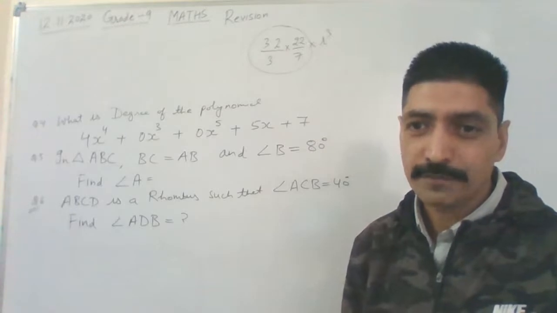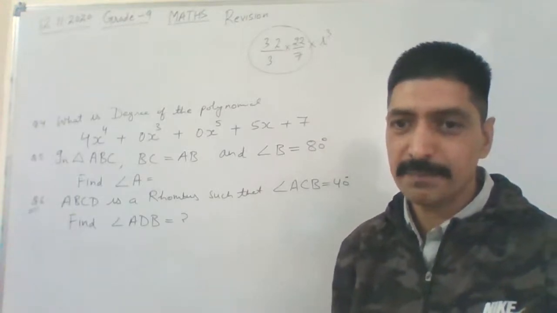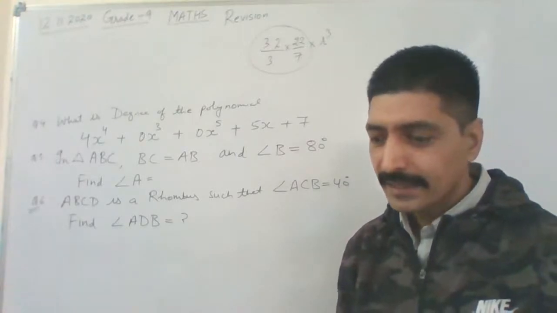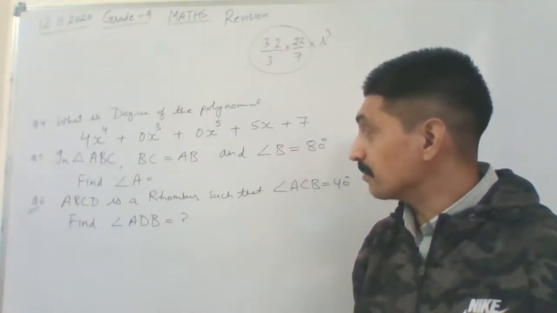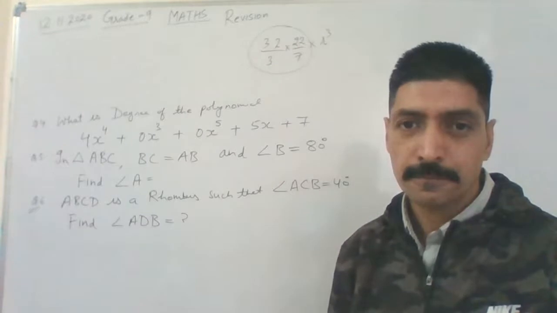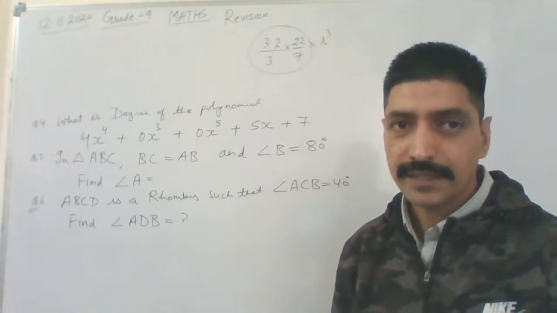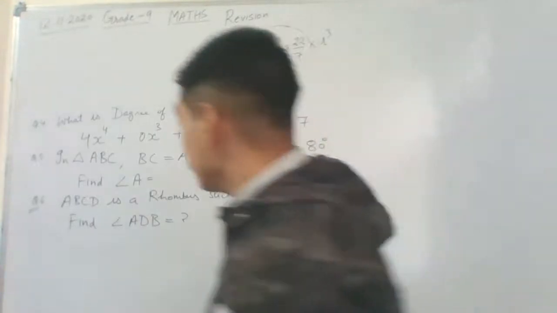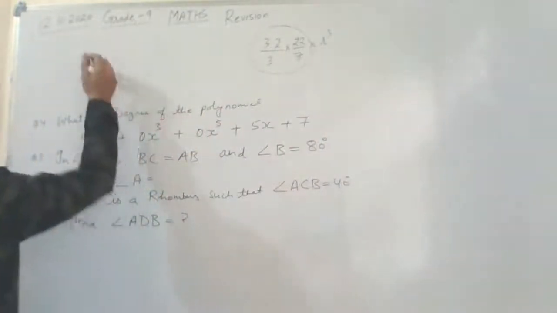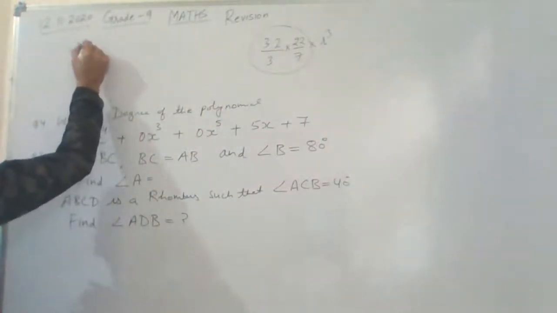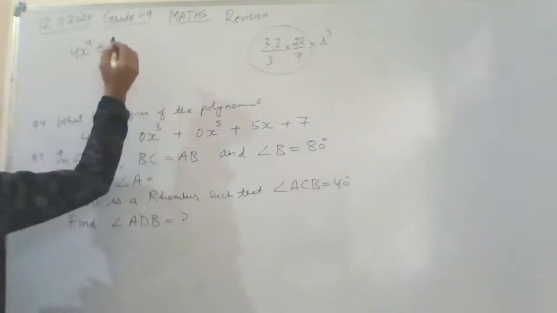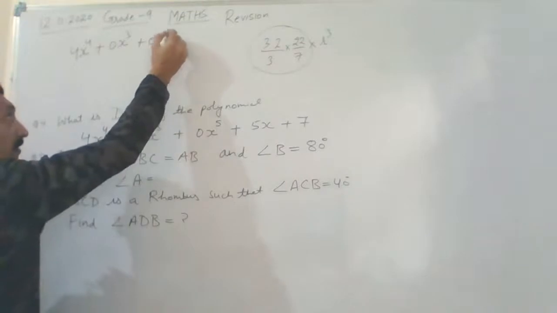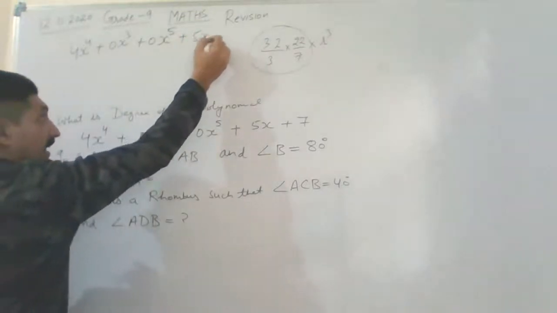1 mark question. Although this is in the sample paper, it is MCQ form, and 5 is also an option, but that is not the right option. Why? Because here 4x raised to power 4 plus 0x raised to power 3 plus 0x raised to power 5 plus 5x plus 7.